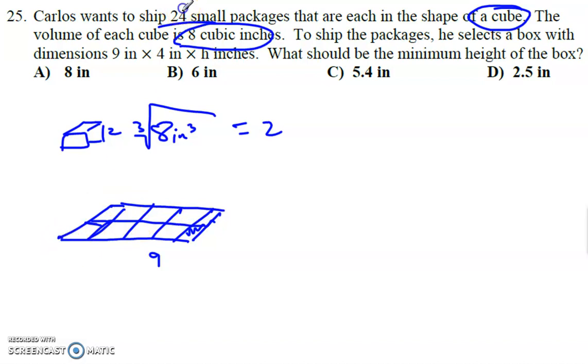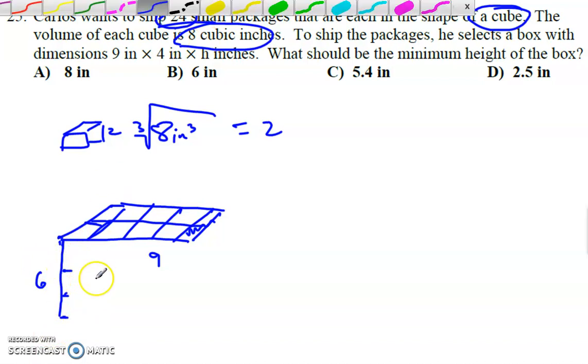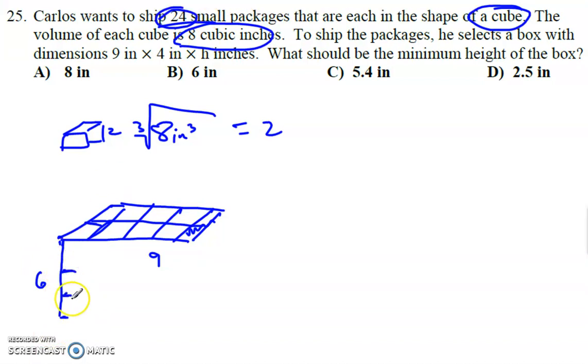So with 8, I need 8 times 3 to get 24. If they're each 2 in length, then that gives me here a side of 6. And that way all of these fit in here. There's a little bit of space at the end. All right. There we go.